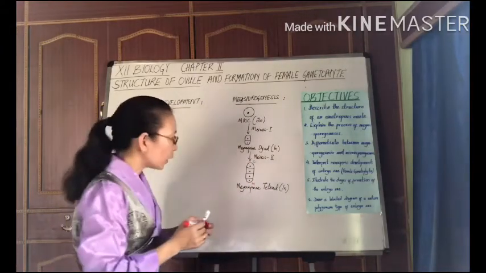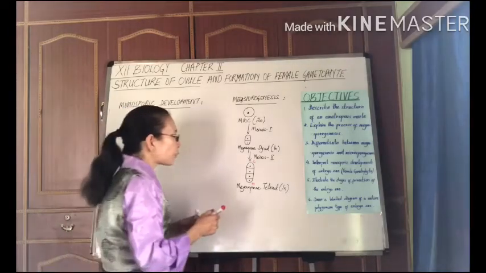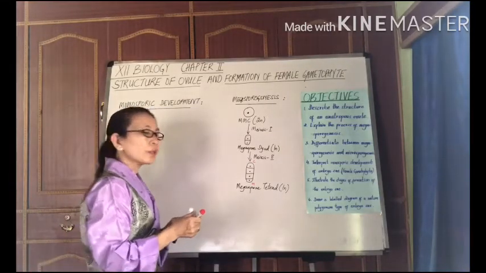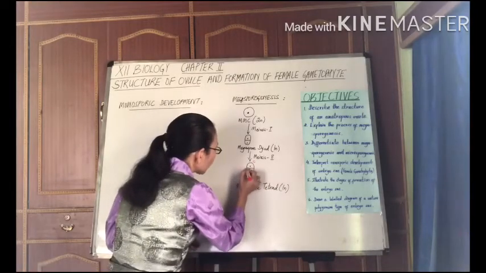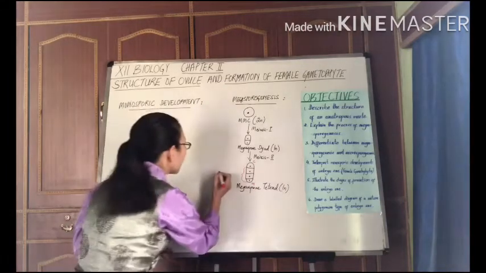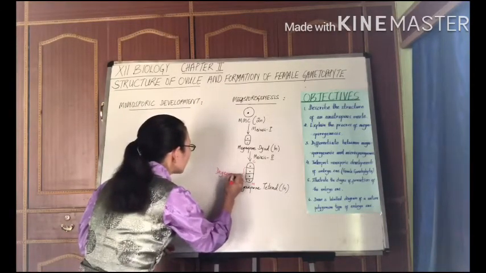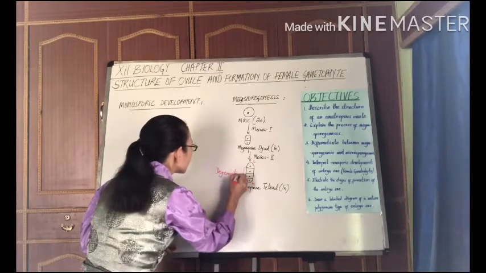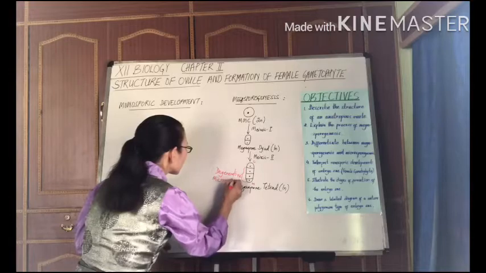Okay, so of the four daughter cells, three of the megaspores towards the micropylar end are degenerative. So let me say these are degenerative megaspores.